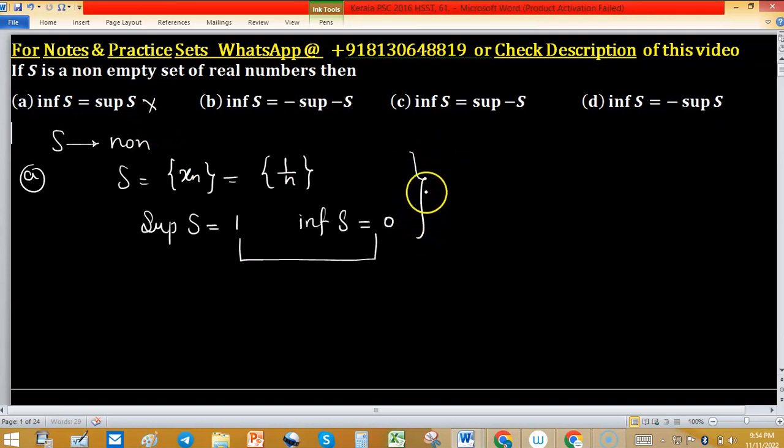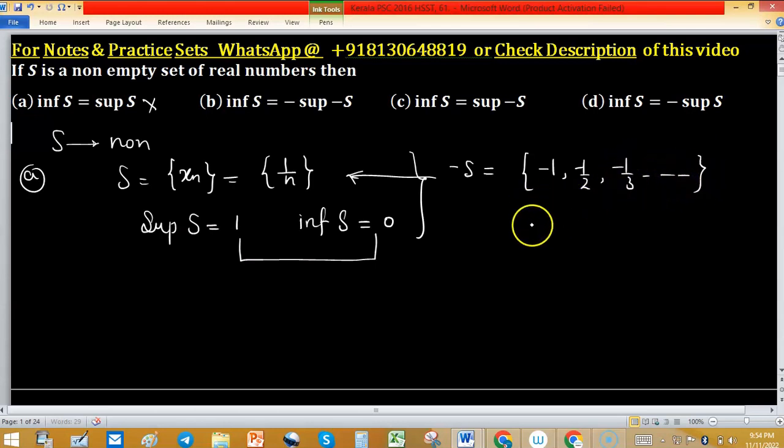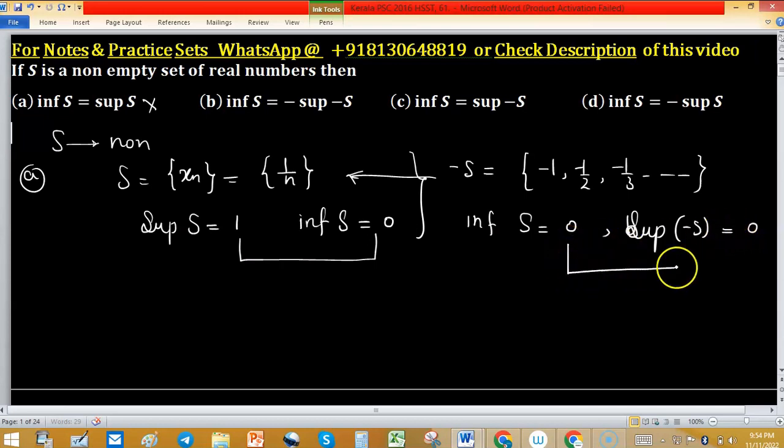For option B, if we consider minus S, then it will be minus 1, minus 1 upon 2, minus 1 upon 3 and so on. In this case, the infimum of S is 0, but the supremum of minus S is again 0, and both are the same.